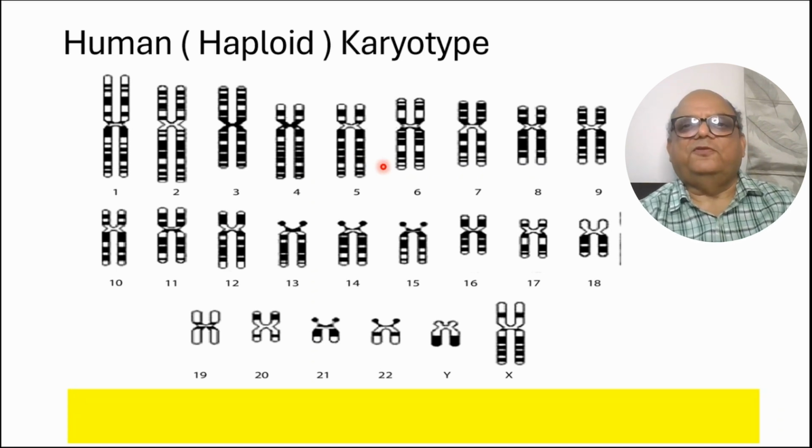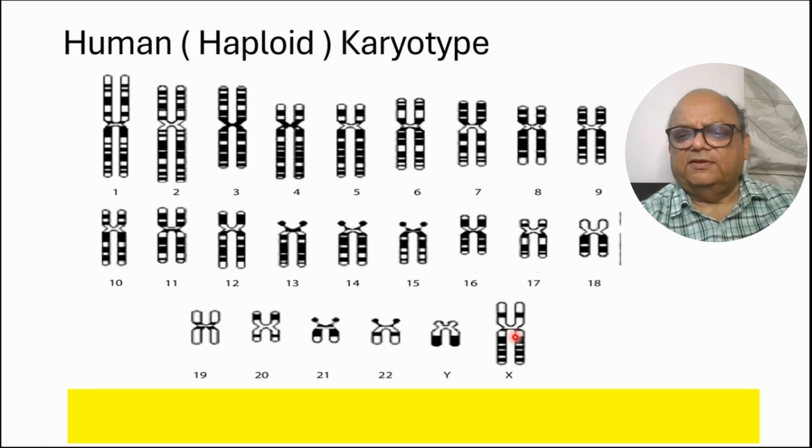Okay, it should make no difference whether some gene is in this one or in this one or in this one. So it's a matter of academic interest. Of course, some differences can be there, as we shall see further.